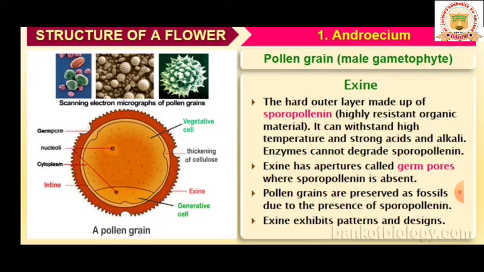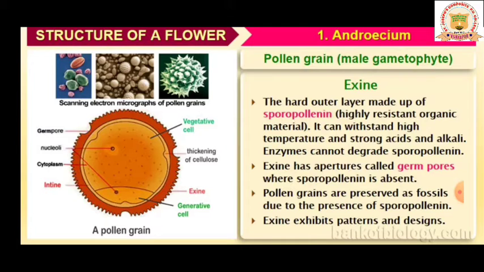One more question may appear. What is exine made up of? Exine is made up of sporopollenin. Or why it cannot be degraded? Sporopollenin cannot be degraded because it is a highly resistant organic material which can withstand high temperature and strong acids and alkali.